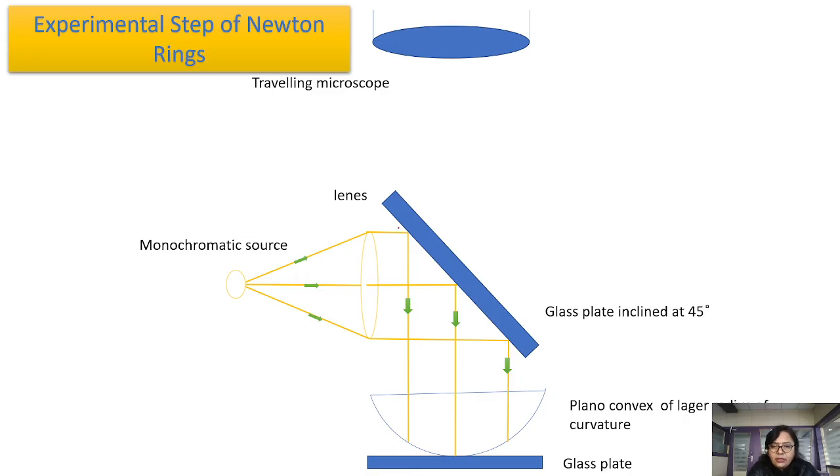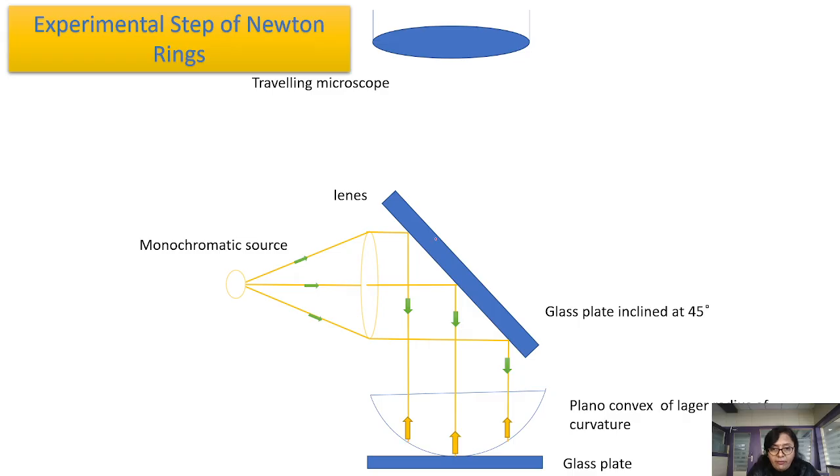Okay, now the light is incident normally over this assembly, and as we know, the first reflection takes place from the upper surface of the thin film, which is actually the lower surface of the plano-convex lens.